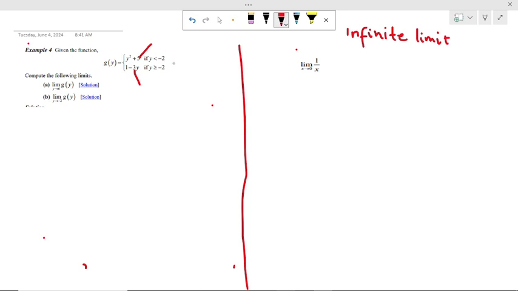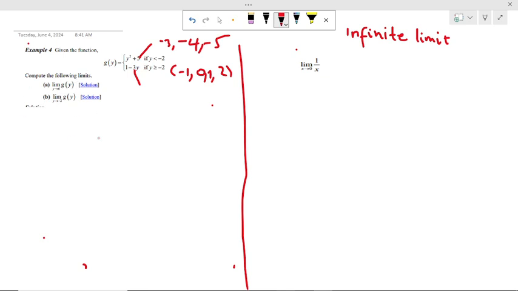When I give you values of y like -3, -4, -5, then we use this function. But when I give you values like -1, 0, 1, 2, then we use the other function. That's how we evaluate a piecewise function.